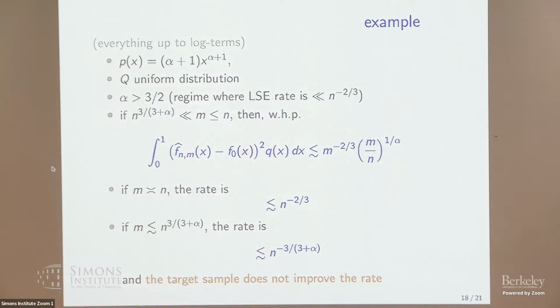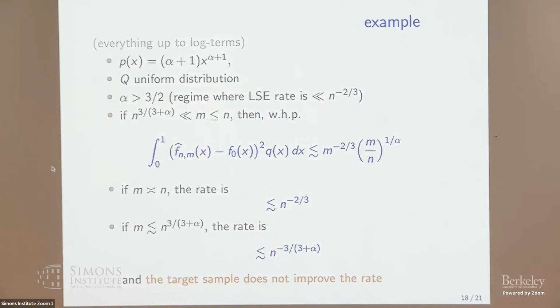Now what we can show is that if we get enough samples from the target distribution, so that's this inequality that says m has to be of a larger order than n to the 3/(3+alpha), then we get as a convergence rate something that is an interplay between m and n. So m is the number of samples from the target, and n is the sample size from the source.